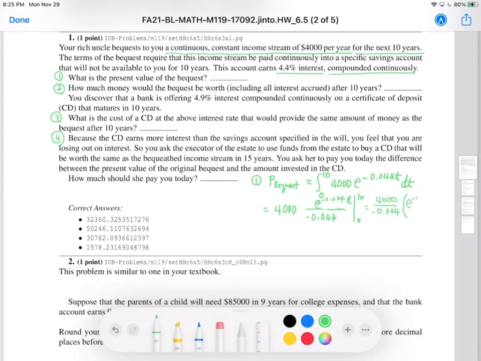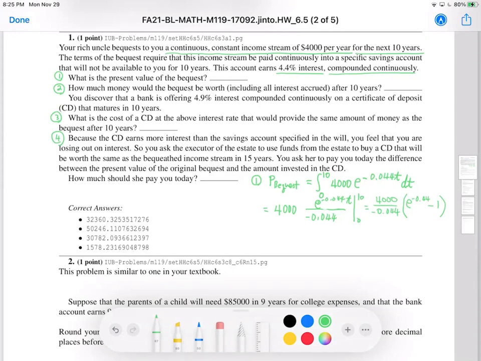E to the negative 0.44, minus plug in 0: plug in 10, e to the negative 0.44, minus plug in 0, which is 1. Okay, this number, you can simplify it.